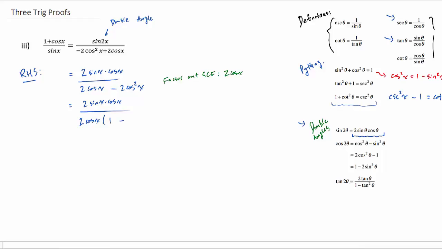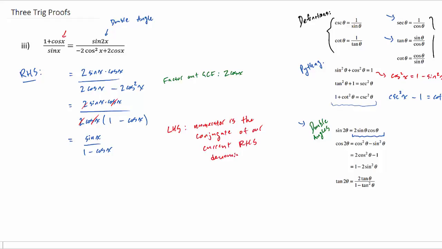So first thing I want to do is notice that the denominator has a greatest common factor of 2 cos x. So if I factor that out, I'm going to be left with a 1 minus cos x, and I can cancel out a whole bunch of stuff, the 2's and the cos x on the top and bottom. So now I'm starting to look a little bit more like the left-hand side, but I can see that there's a conjugate of my current denominator in the numerator of where I'm trying to get to.